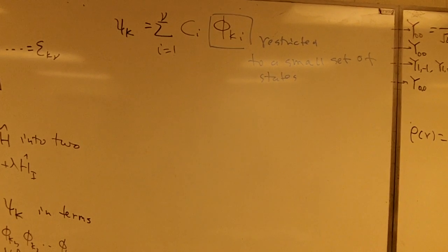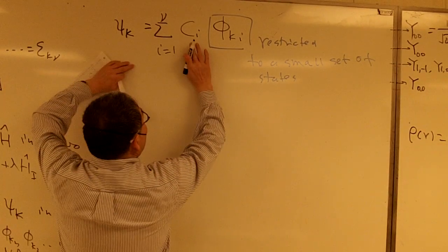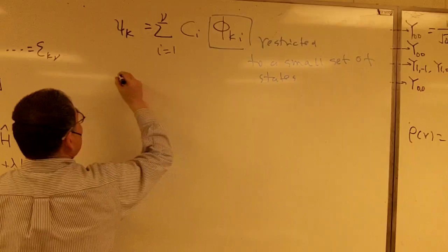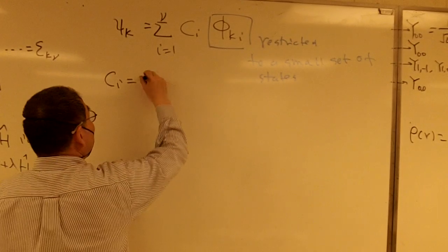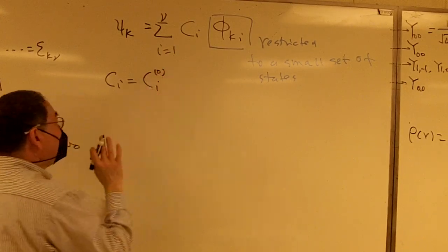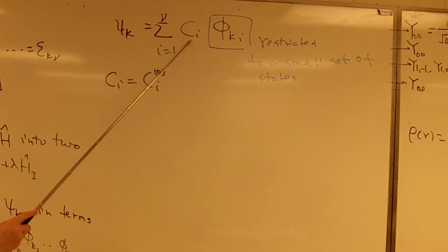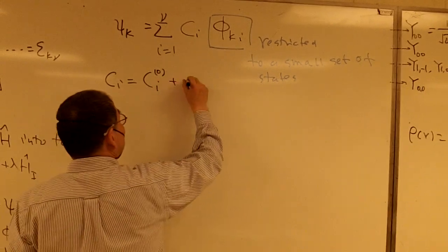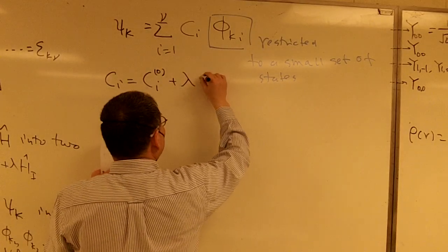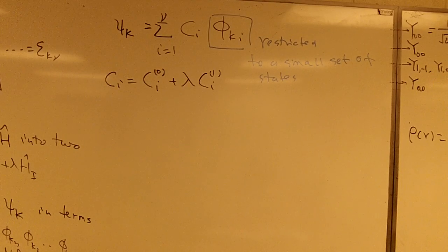So this is one thing we will work on. Now, did you see my C has no superscript? This C is going to equal C i,0, which means zeroth order. You see, we are expanding the coefficient itself. This is zeroth order plus first order, and so that is two orders.